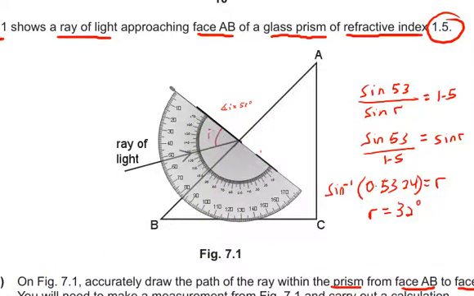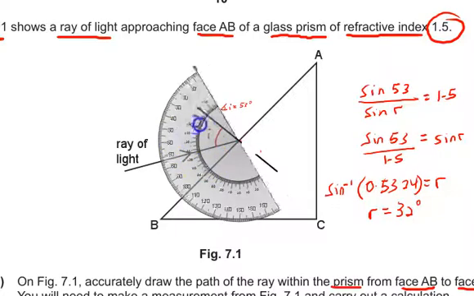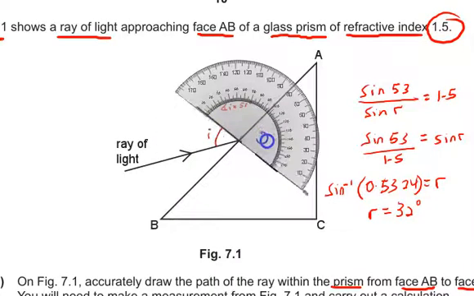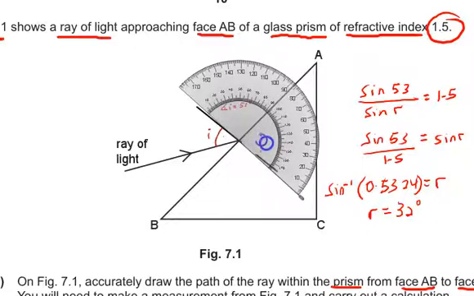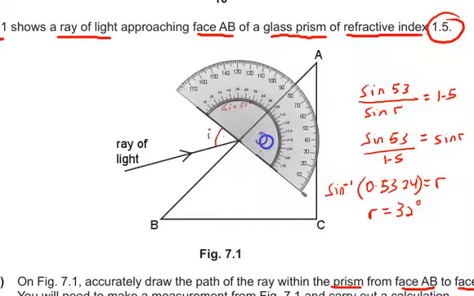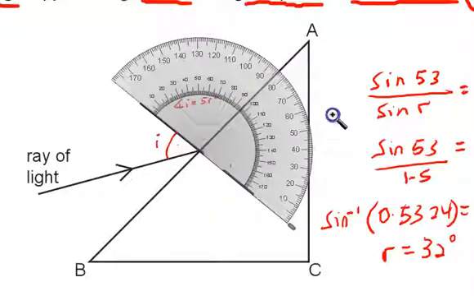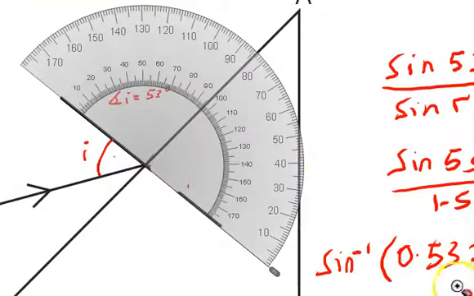Now we just have to rotate to the opposite side. Roughly it is here. Then we zoom in, and we need to locate 32 degrees.